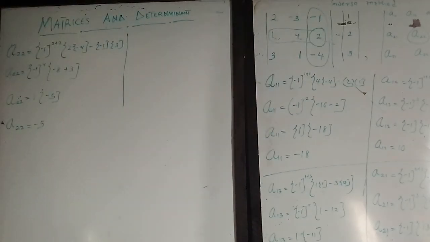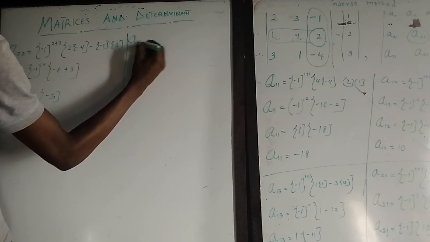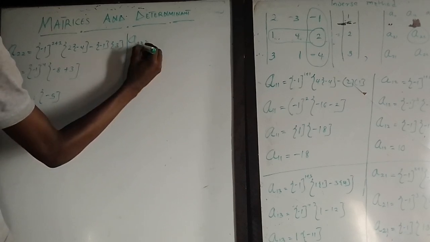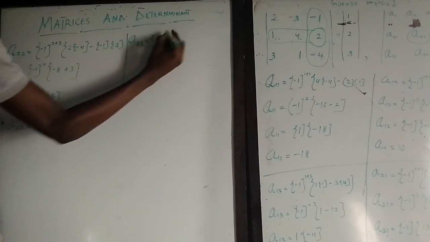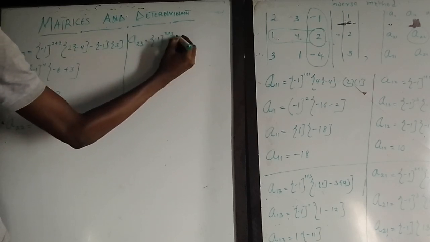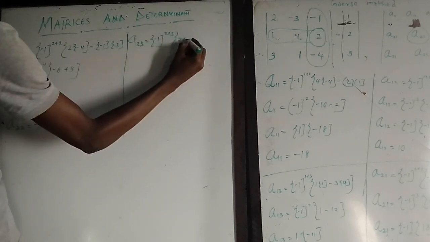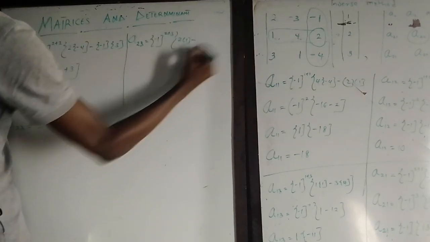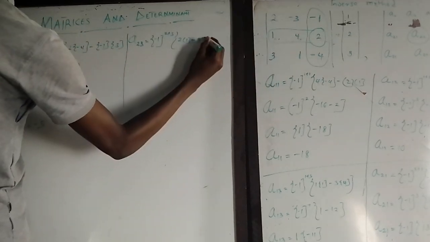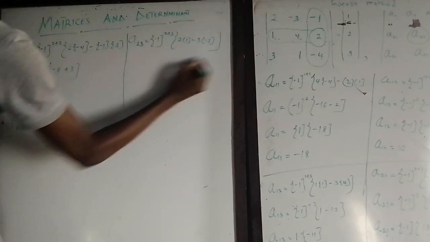So now we said earlier, we said A23 equals to minus 1 is always constant. Then you repeat these 2 and 3. 2 plus 3, open bracket, 2 times 1, then minus 3 times minus 3. Then you continue.